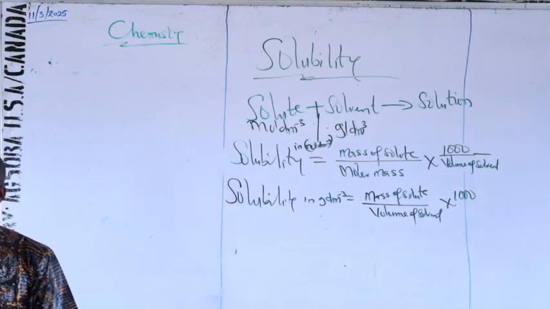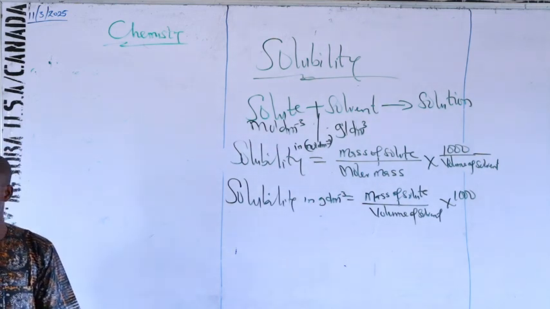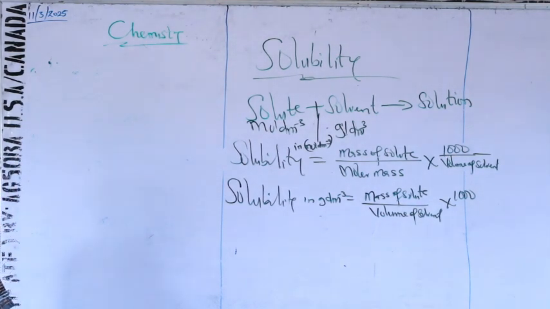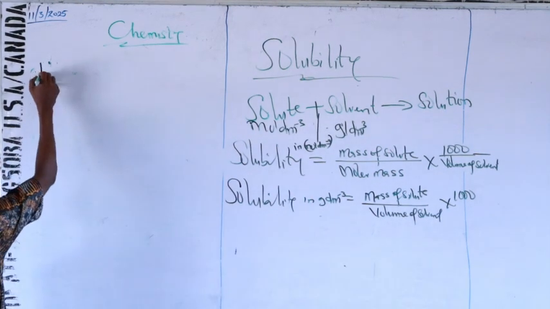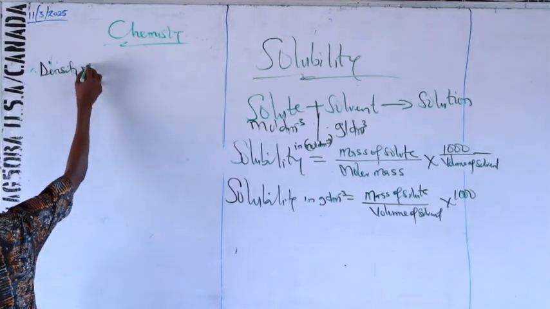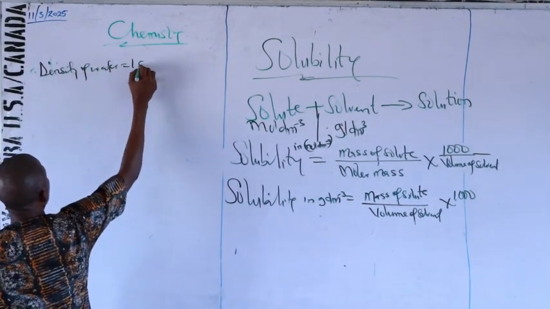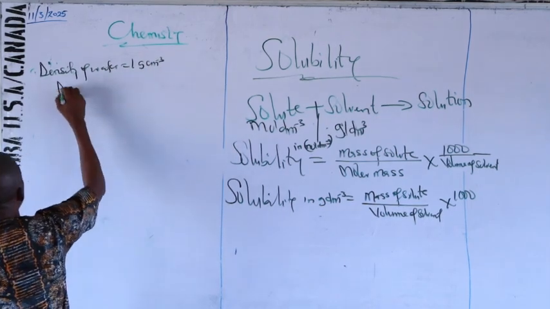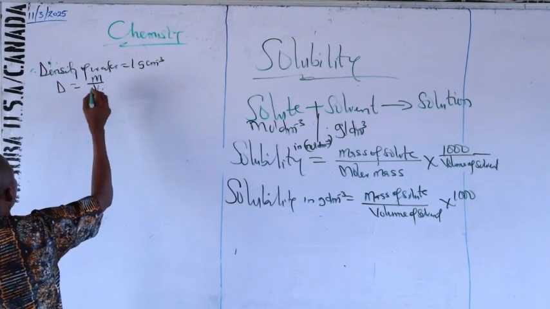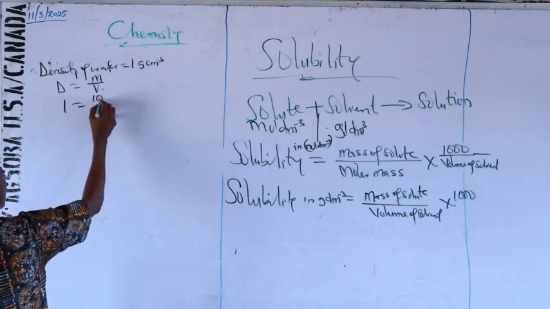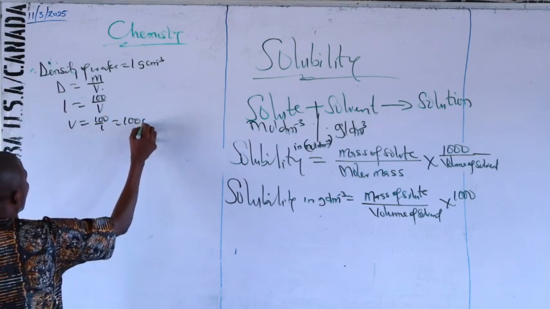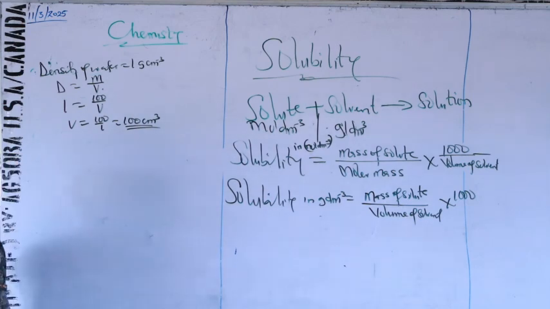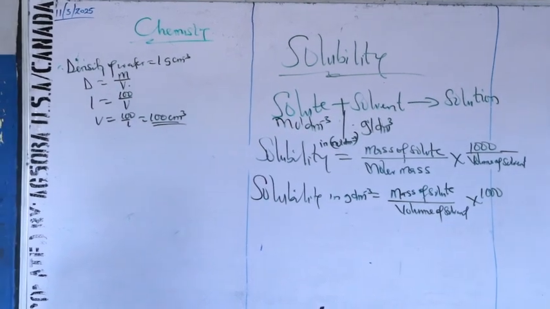The density of water is equal to 1 gram per centimeter cube. Density is equal to mass over volume, so 1 is equal to 100 over V. Then V is equal to 100 over 1, which is 100 cm³. That means the volume of the solvent here is 100 cm³.